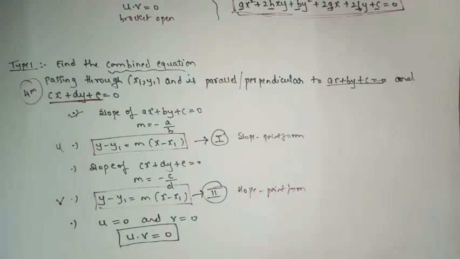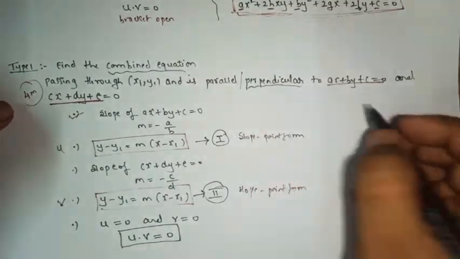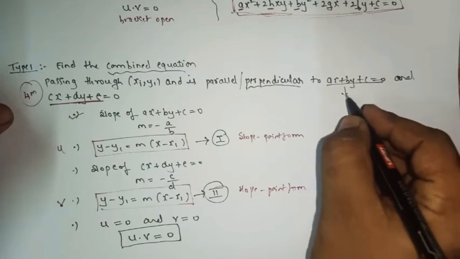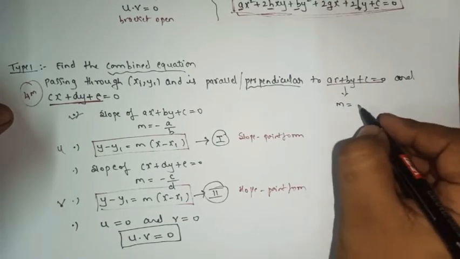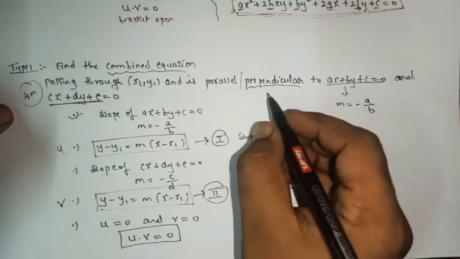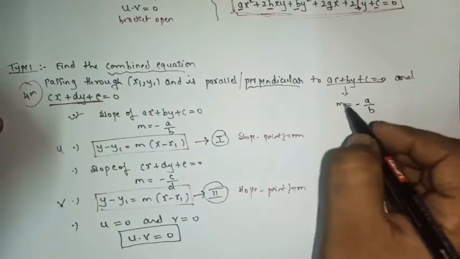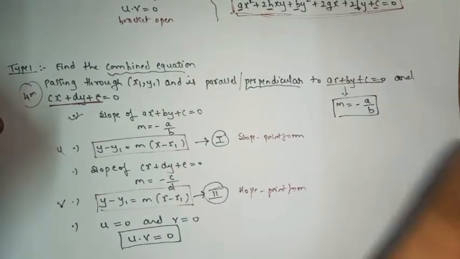And one more thing: when the word perpendicular comes in a statement sum, when you find the slope, m equals minus a upon b. If it is parallel, the slope will remain the same.